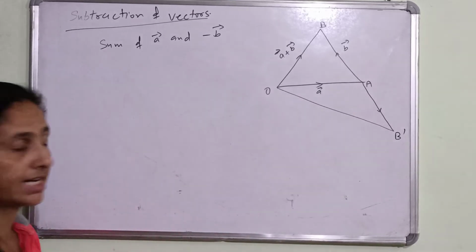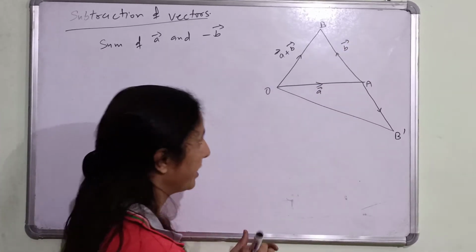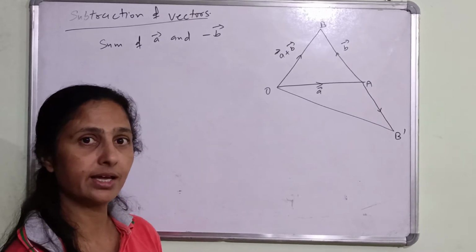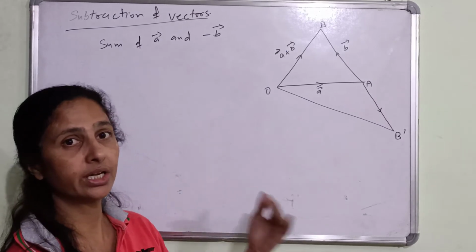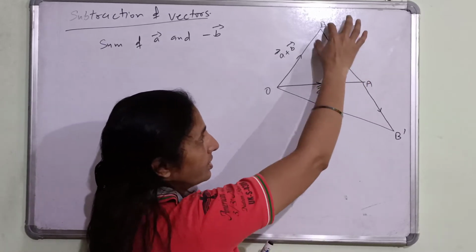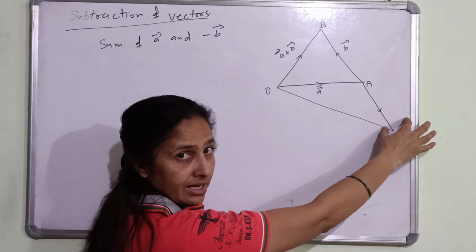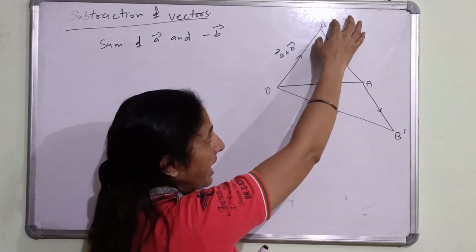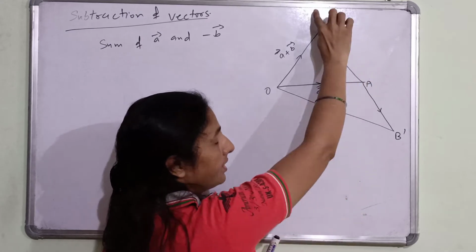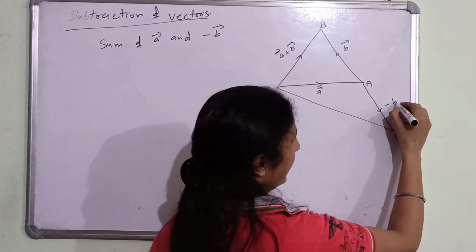Obviously these are parallel. I told you in my first video that collinear vectors are parallel, and they could also be opposite in sign. Because these are collinear, parallel and equal, they are equal but opposite in sign. So it is upside and it is downside, which means minus vector B.